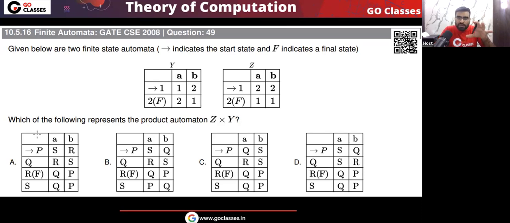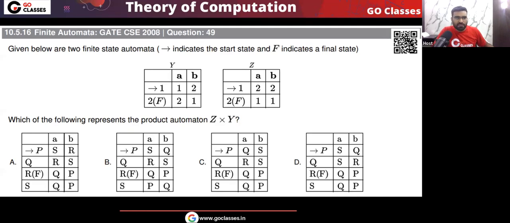If the operation is not given, then the default operation is intersection, not union, not set difference, not symmetric difference. Is this point clear?